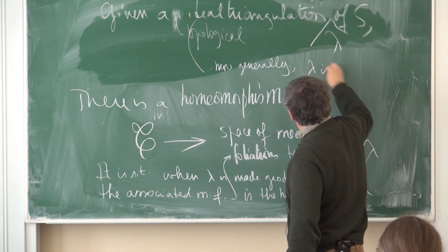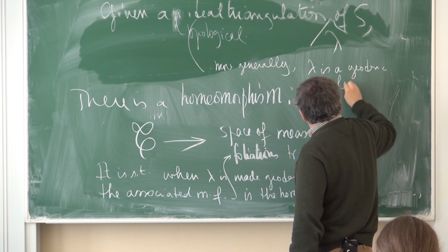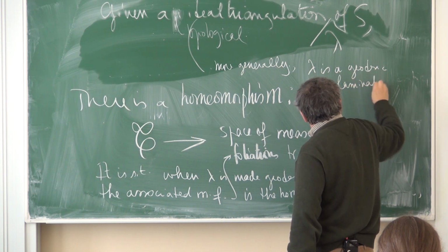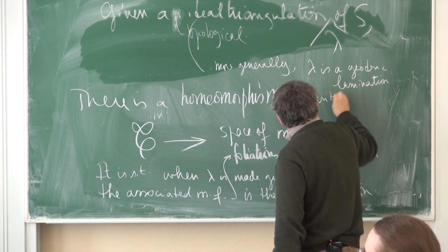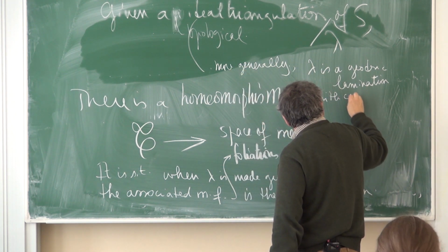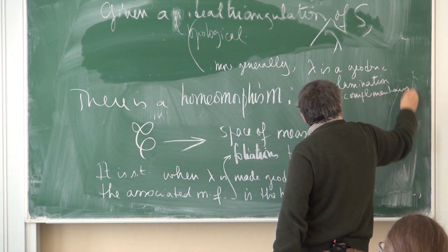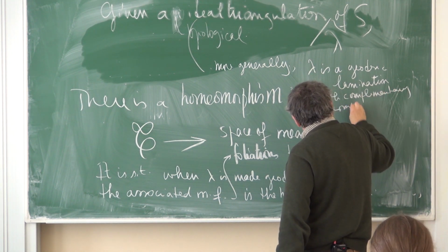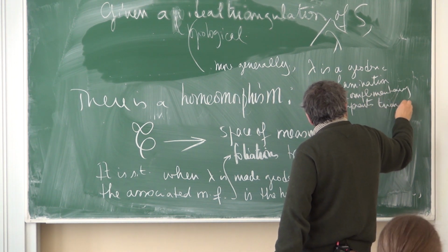Lambda is a geodesic lamination, in fact, with complementary components which are triangles.